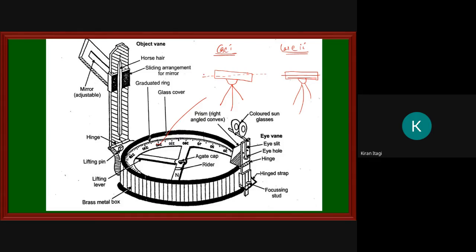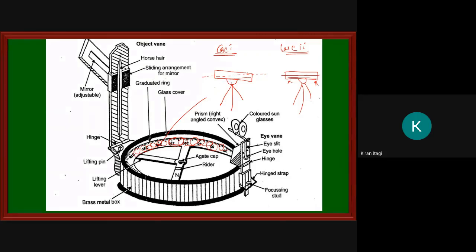If this graduation scale is perfectly leveled, it will not touch. Here you can see the gap. It is not touching the box. If it is not leveled correctly, it will be touching like this, meaning the scale is not freely suspended.